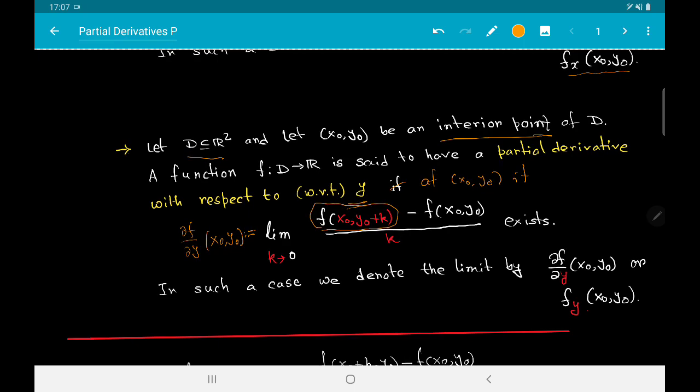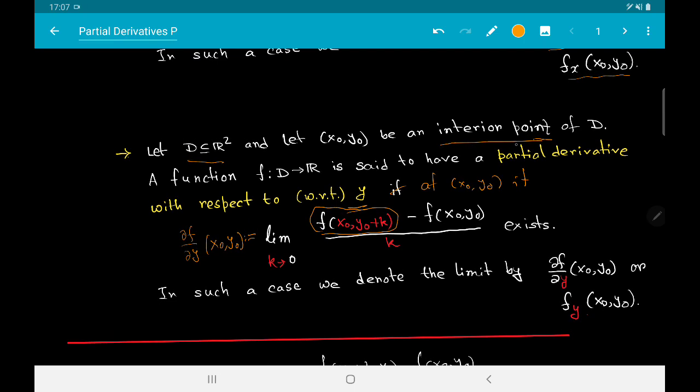Then you might ask why I am so sure that f is defined at points which are of this form. Here the notion of interior points comes into the picture. Suppose we have a region like this, which is our D, and suppose this is our point x0, y0.